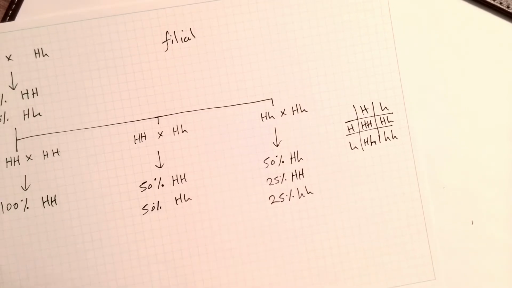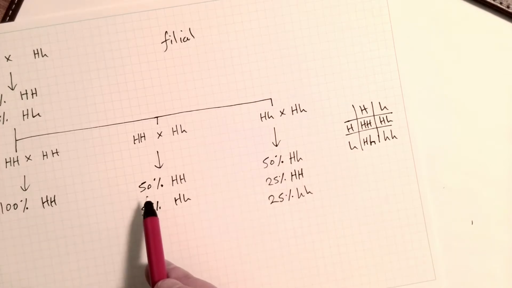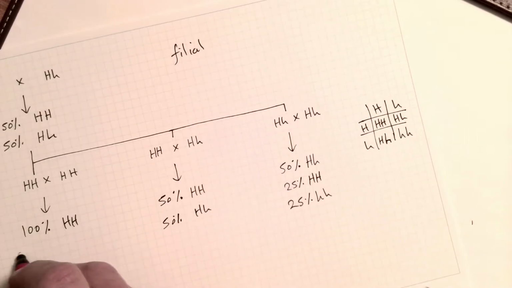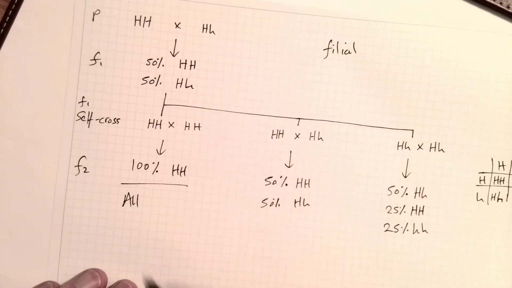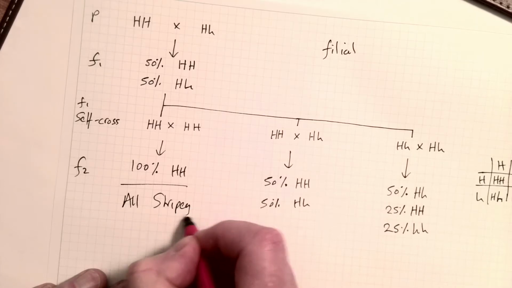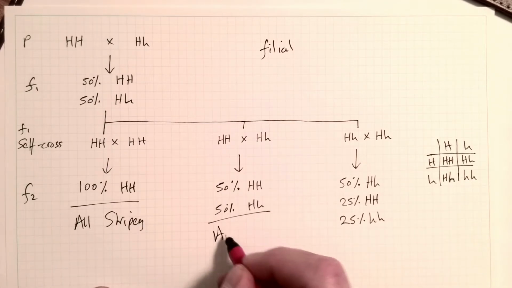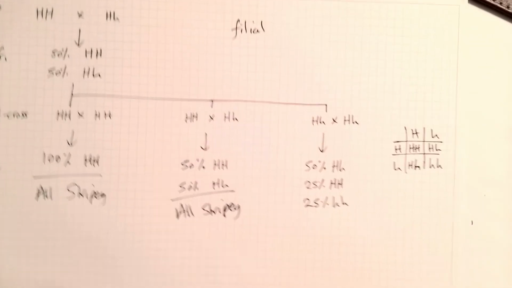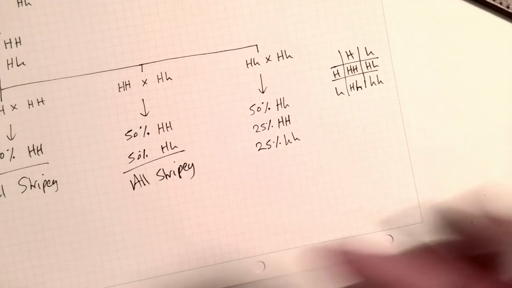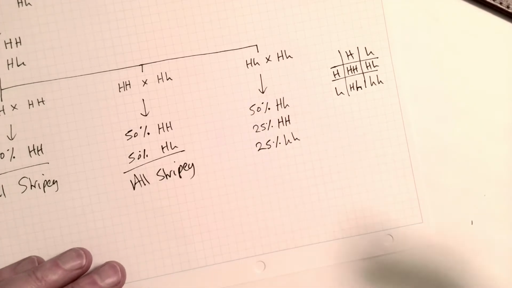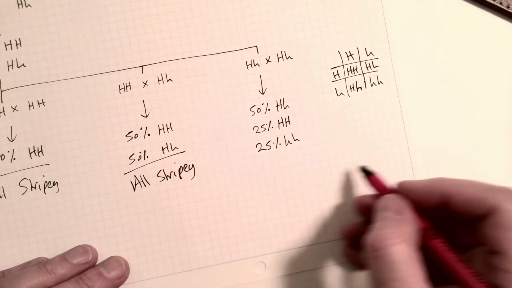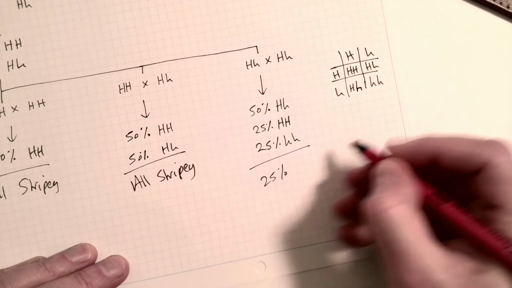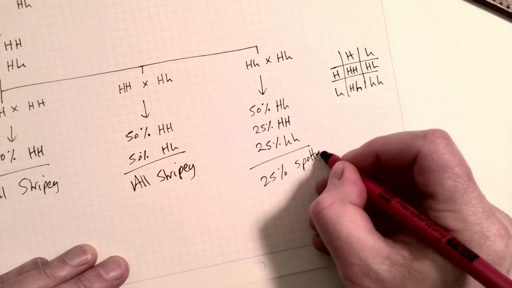So this is my F2 offspring. Now these are all stripy, all over here. This isn't telling me anything because I can't see the difference. You can't really look at these genes unless you're able to actually do the molecular biology genetics work. But what we've got over here is that 25% of them are spotty.